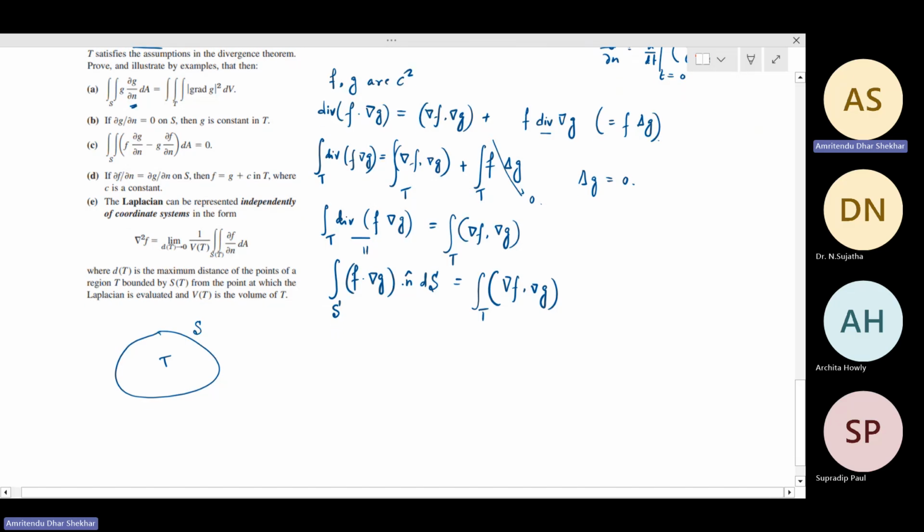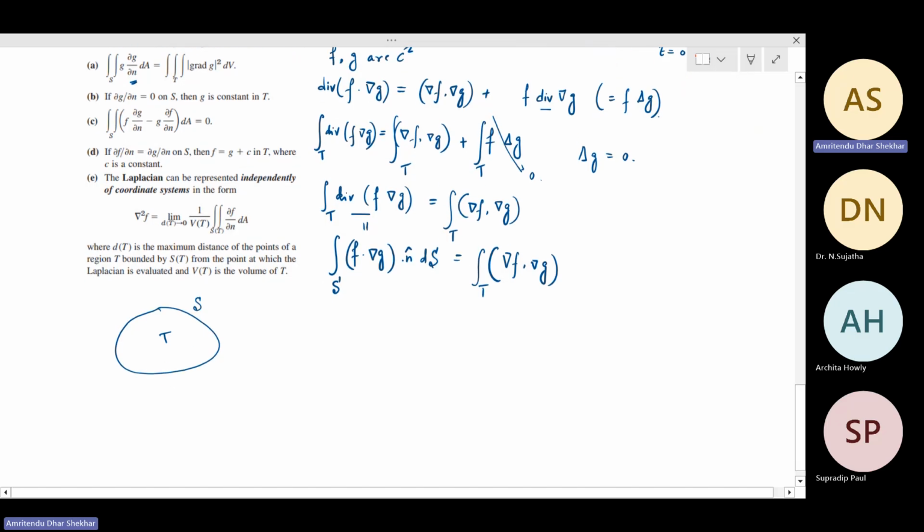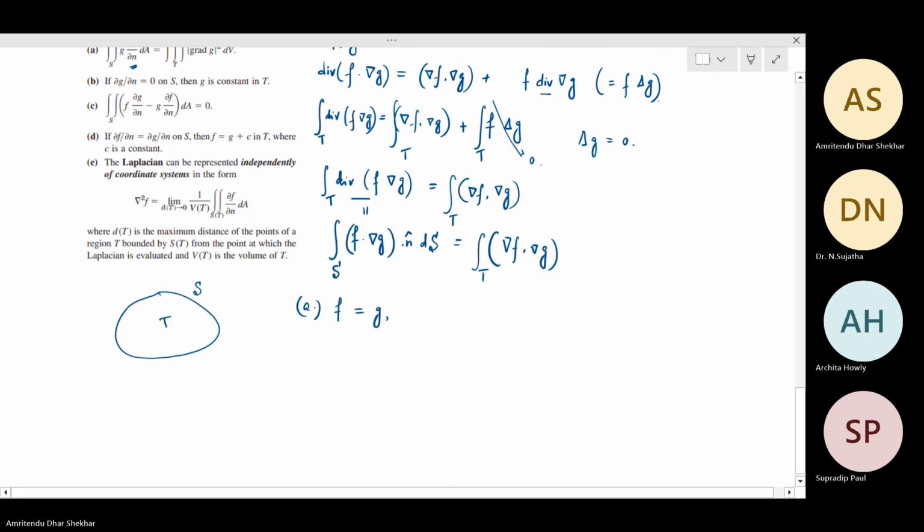And now for the first part of the problem, if you set f equal to g, then what you get is the integration over S of g times grad g dot n cap, which is del g upon del n, ds.